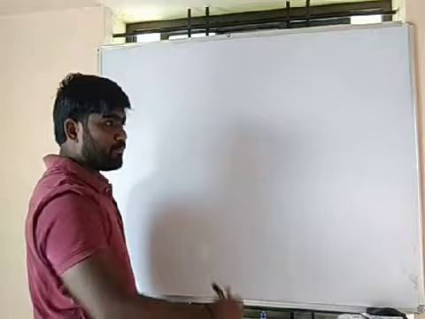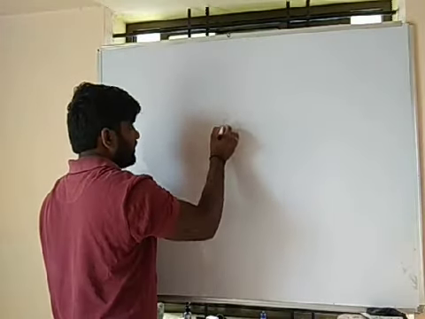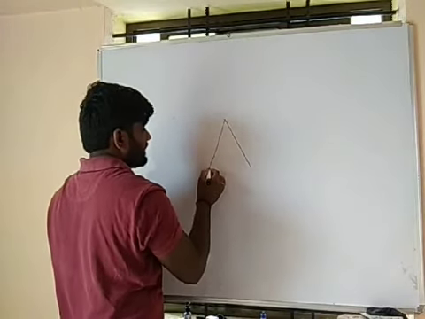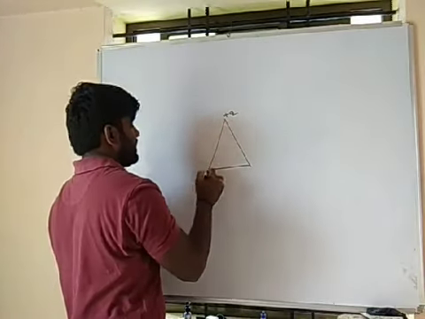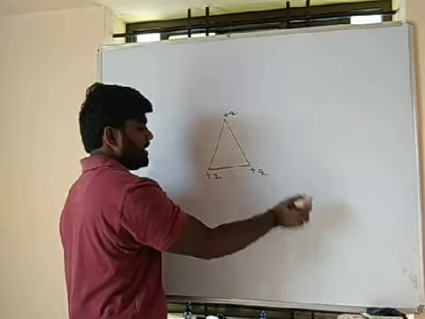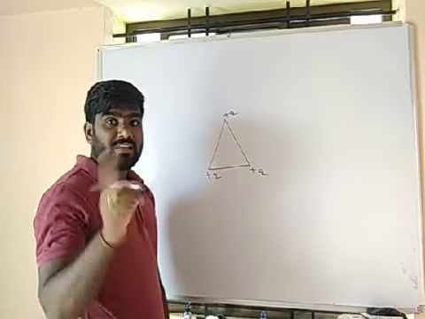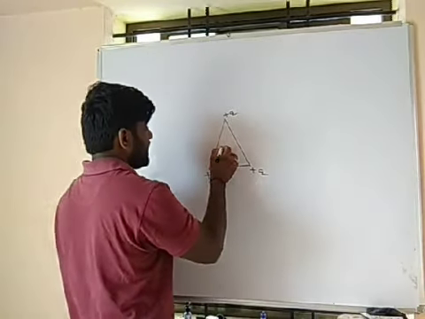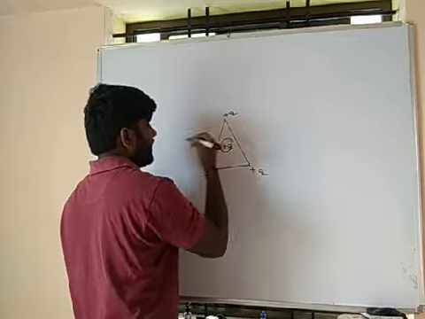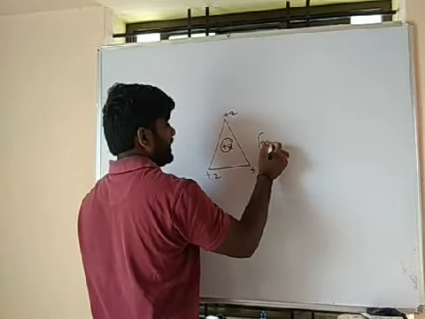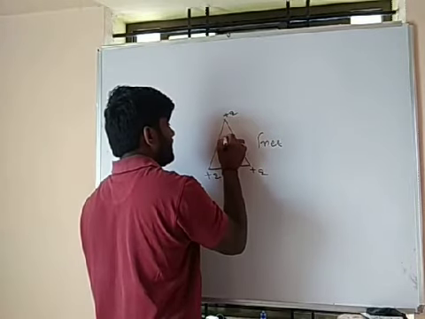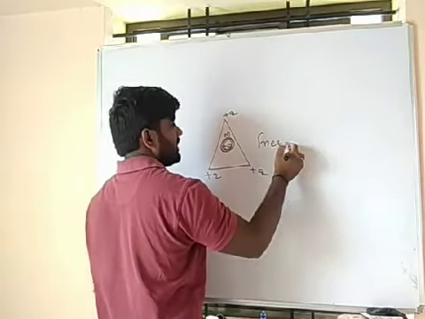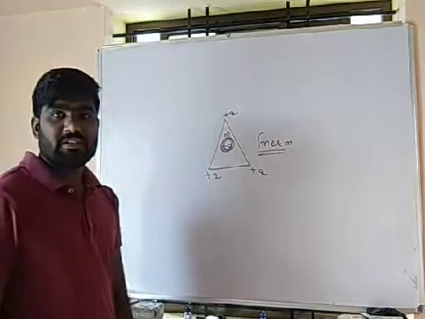See here, very important note. If 3 point charges are kept at 3 corners of a triangle over here, then if I keep the next point charge over here, what is the net force at this point? I am taking this point as M. What will be your net force on M?